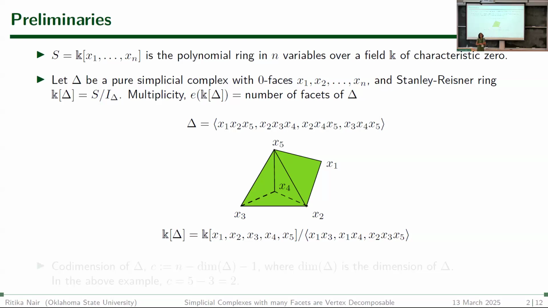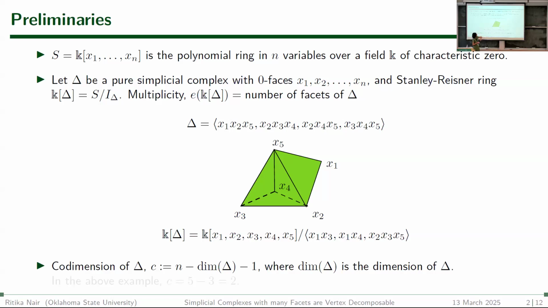Now, the multiplicity of the simplicial complex or this ring is basically the number of facets, and we are considering pure complexes for our talk. Pure complexes mean all facets have the same size. So the multiplicity is 4 for this particular complex, and the codimension is defined as n minus the dimension of the complex minus 1.